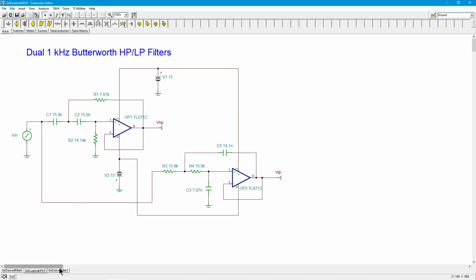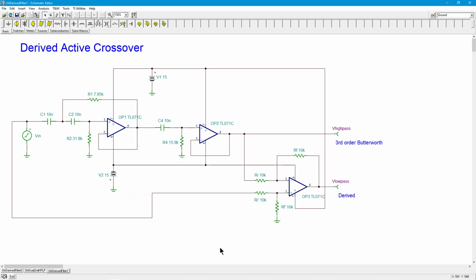Let's take a look at our derived filter. Okay, first thing I want to point out is this right here. I'm using something a little bit more realistic. Now I've got a third order filter right here. Okay, so this is a third order Butterworth filter, right? Design of this you can find in the textbook.